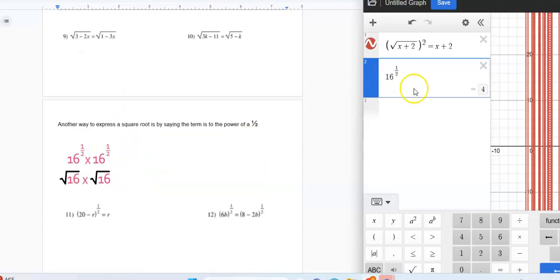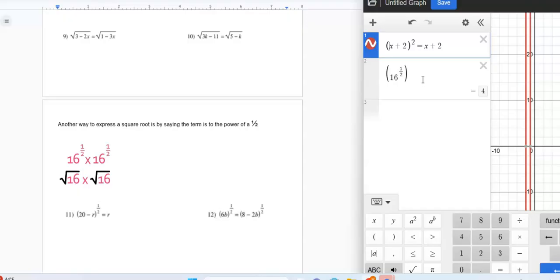And so the reason why this is true is that, imagine instead of the square root symbol, I put the half.